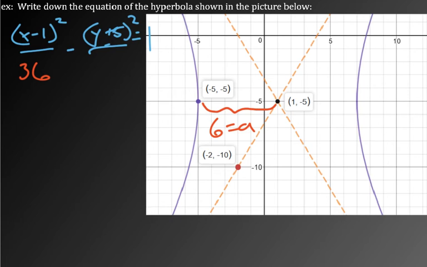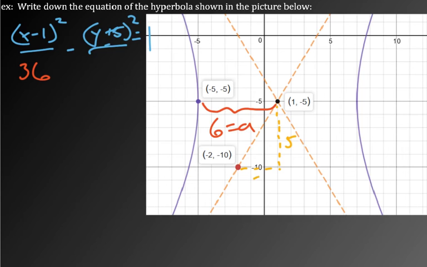But the b takes a little bit of thinking, okay? So if you do the whole slope thing here on these asymptotes, the slope of that is actually also 5/3, right? If you go up 5, you go over 3 to here.